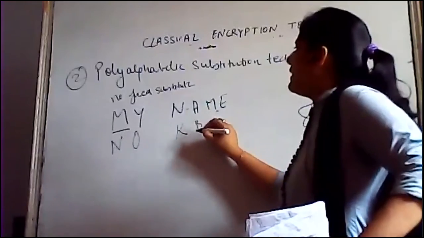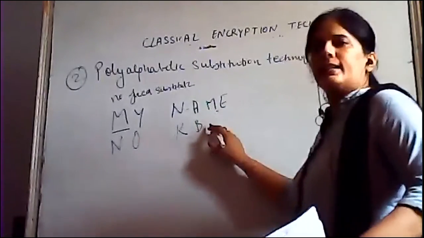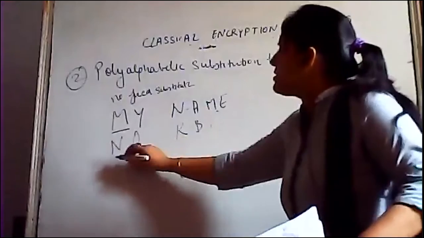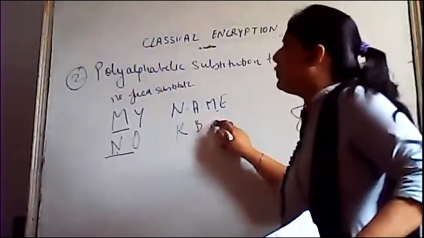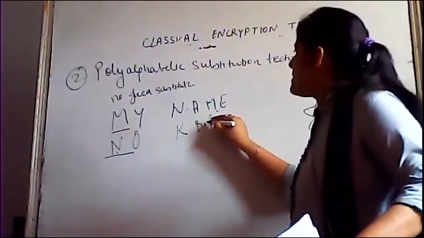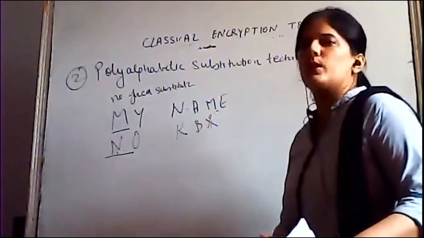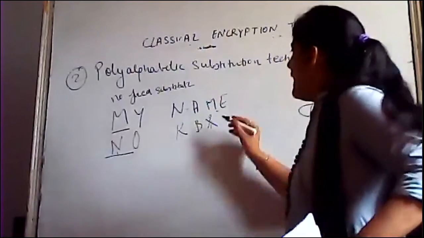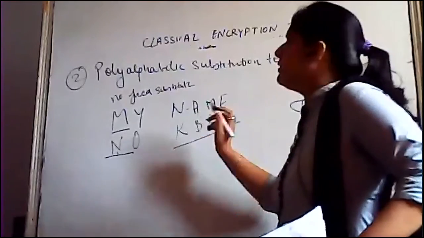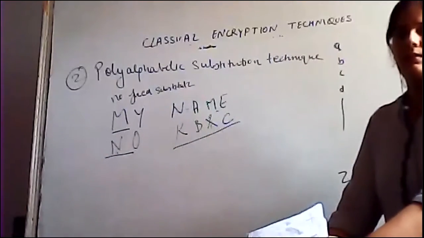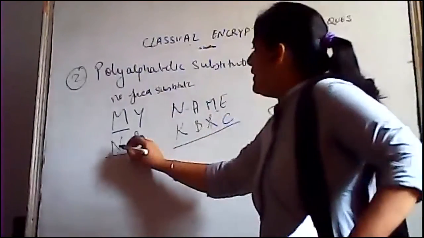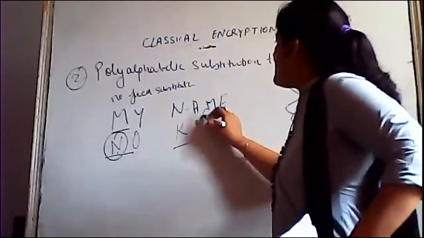a we are representing with b, but again when you get that m, there is no compulsion that you have to use n over here. You can represent it with another letter, let's suppose x, and e you are representing with c. So every time the occurrence of that letter is changed.